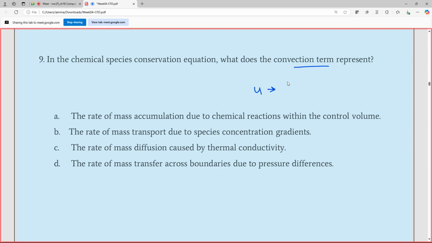In relation to that, our answer is option B, rate of mass transfer due to species concentration gradients. So here the mass transport will occur or vary according to the concentration gradients.